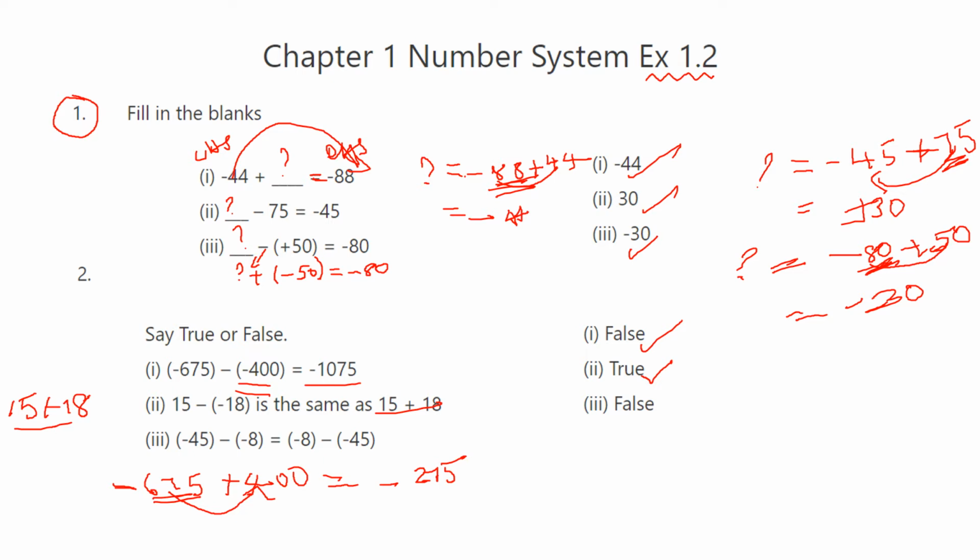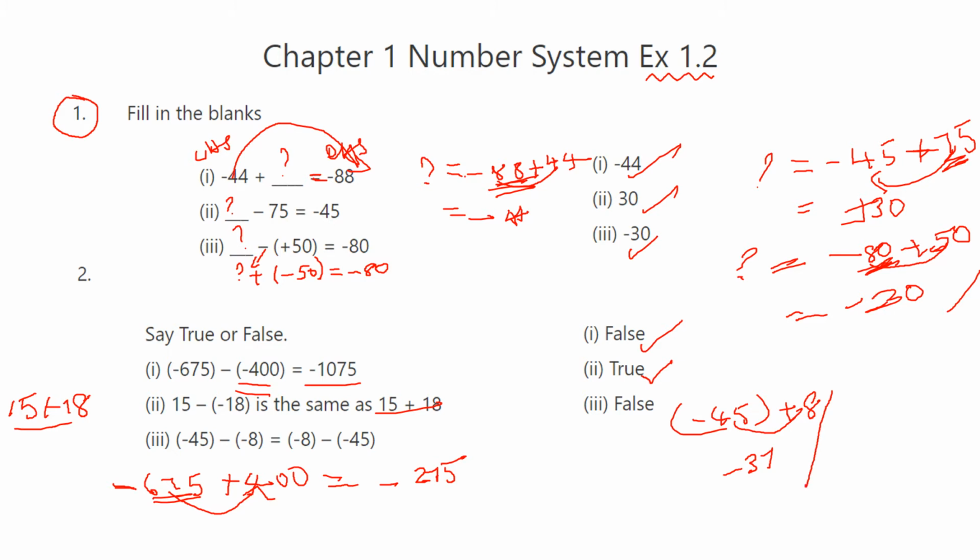Minus 45 minus of minus 8 equal to minus 8 minus of minus 45. Here we check this LHS and RHS. Minus 45, so you change the sign to plus. Additive inverse of minus 8 is plus 8. So 45 minus 8 is 37. So minus 37 is the LHS answer.